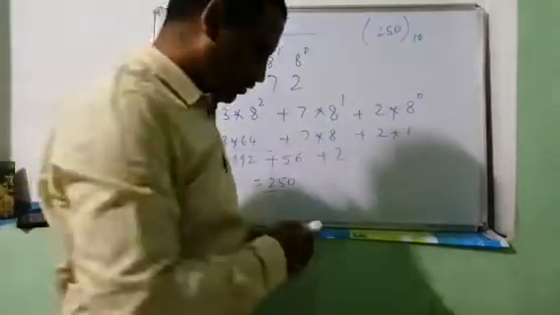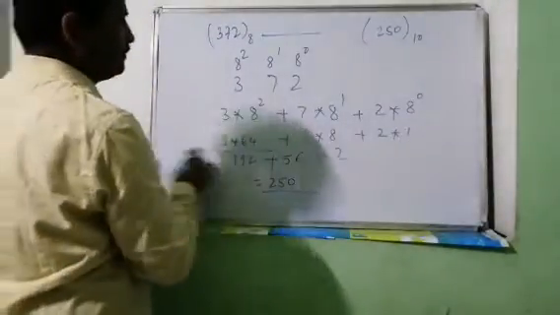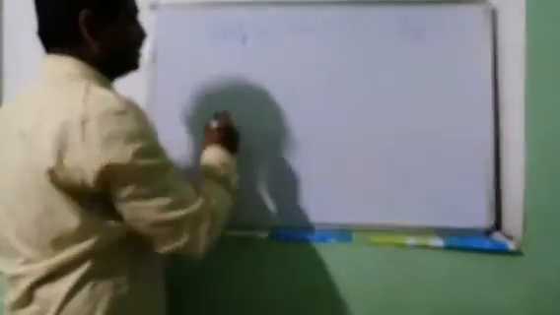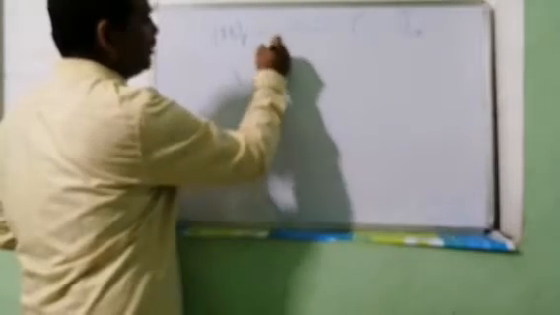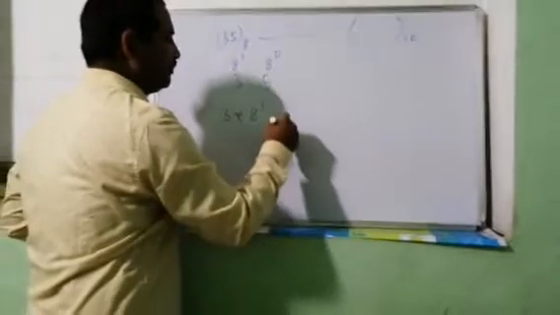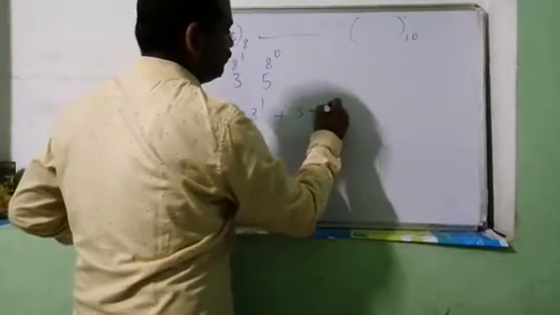Let us try one more. 35 octal to decimal. So 35, 3 and 5, 8 to the power 0, 8 to the power 1. 3 into 8 to the power 1 plus 5 into 8 to the power 0.